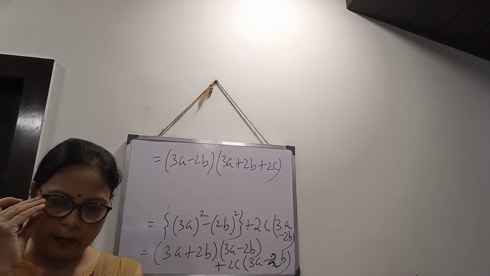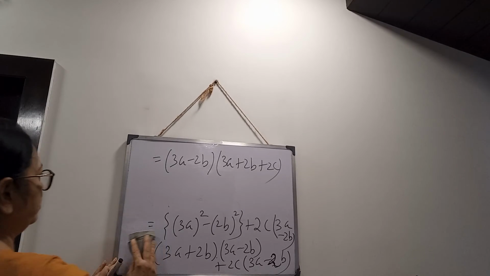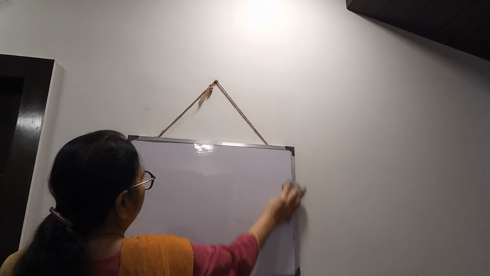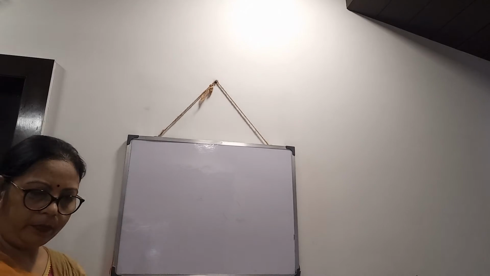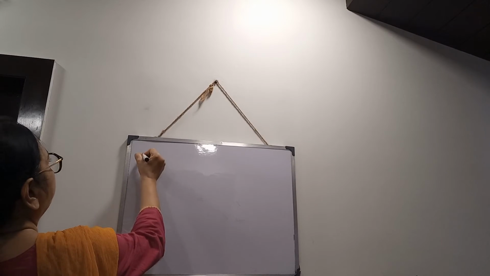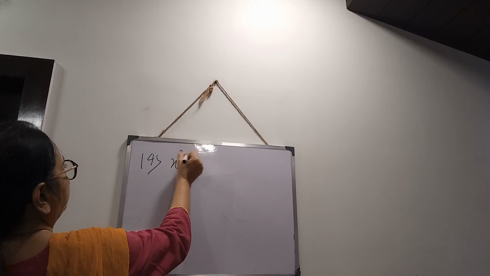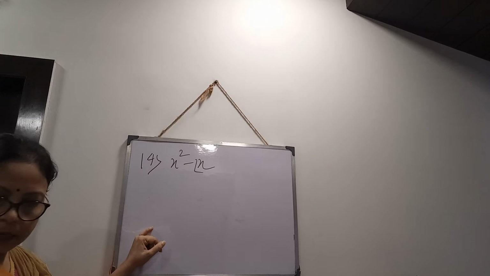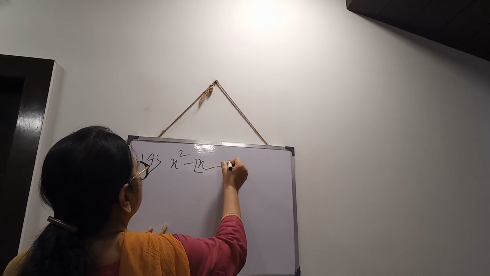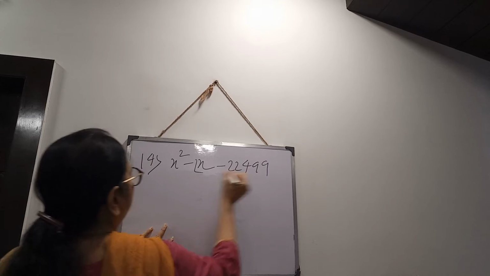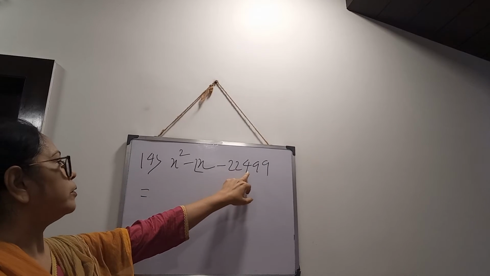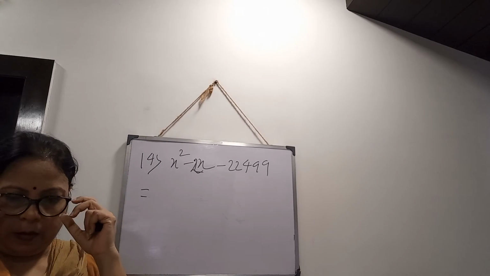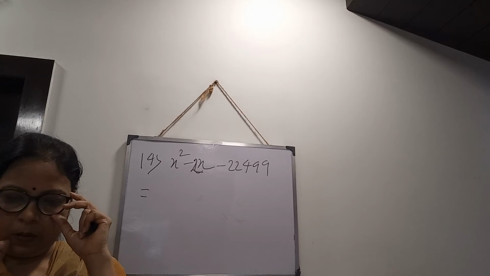Now if the sum is this type, number 14, it may come in the exam: x square minus 2x minus 22499. So we have to find out the factors of this.